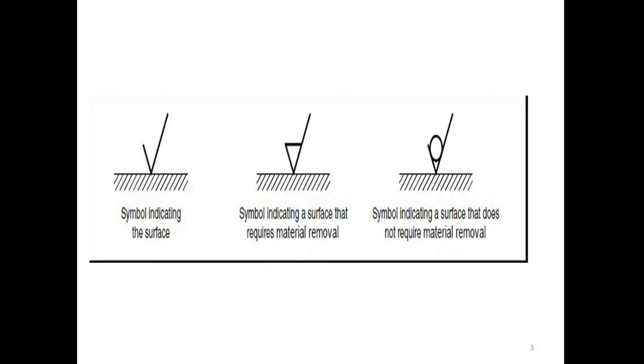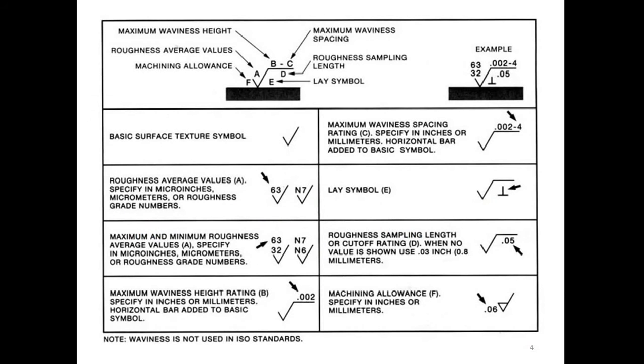Second, the symbol indicating a surface that requires material removal, that is, a material removal process is required. Third, the symbol indicating a surface that does not require material removal.